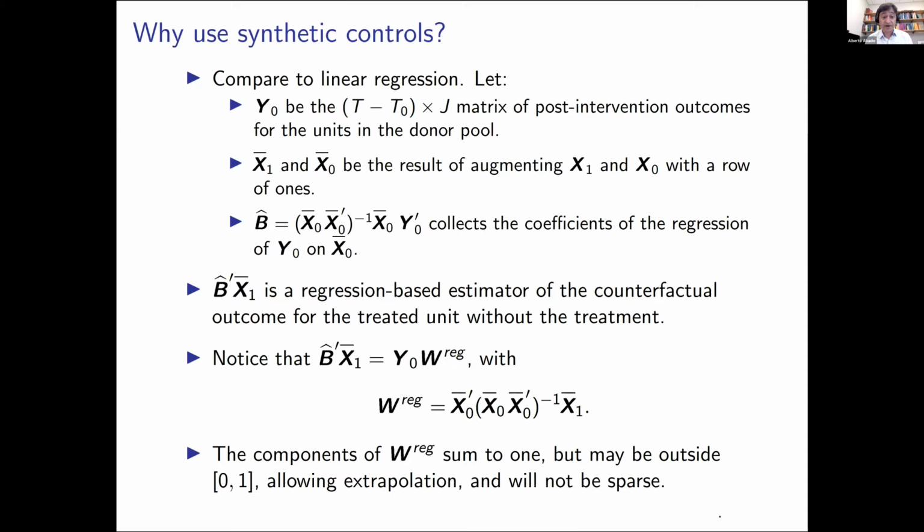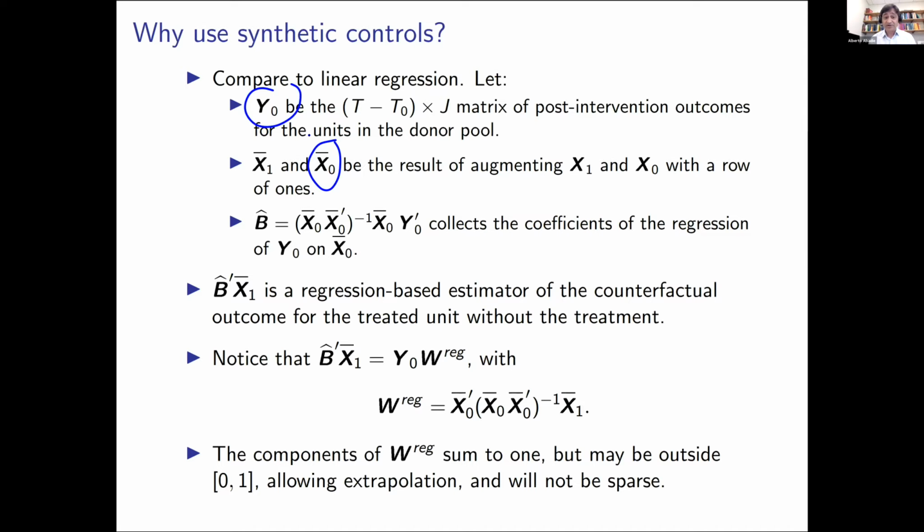And we have it here. You can take all the outcomes of the units in the donor pool in the post-intervention periods. These units are not treated in the post-intervention period, and we are going to regress them on the characteristics of these units. I put a bar because I have augmented this matrix of characteristics with a row of 1s, because I'm going to have an intercept in my regression as usual.